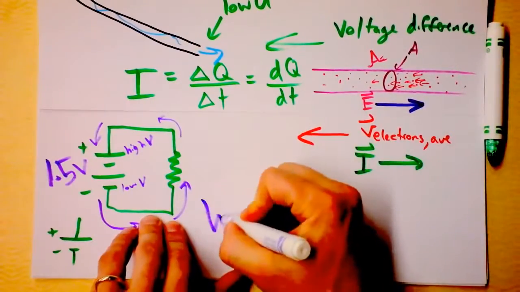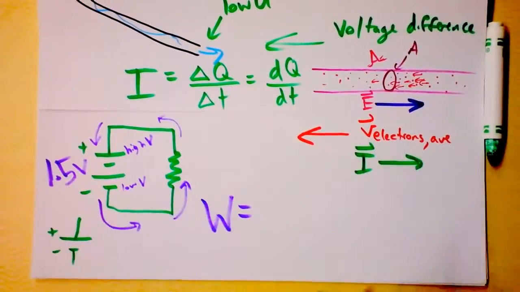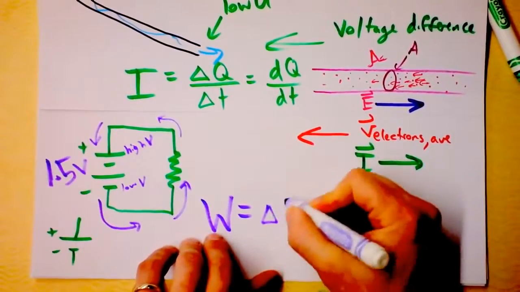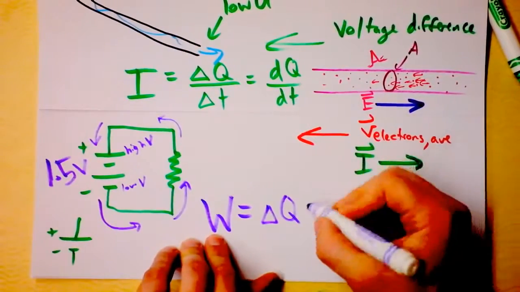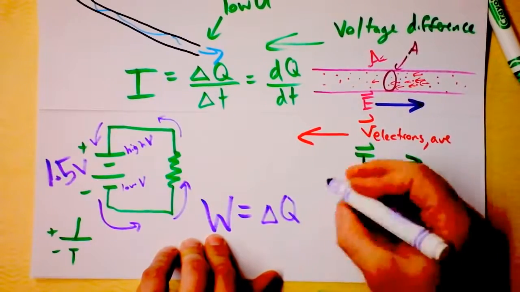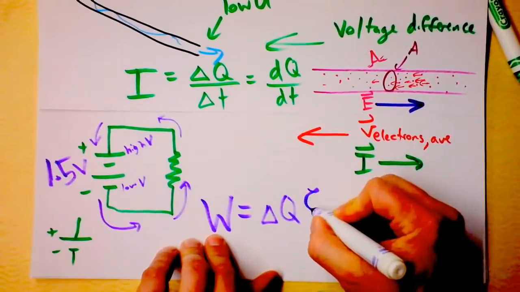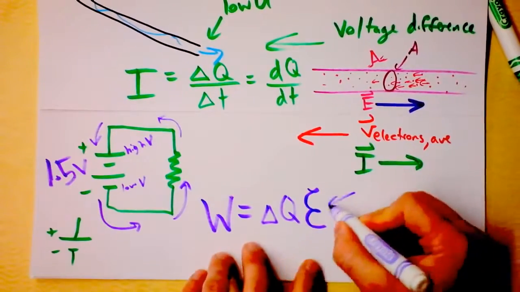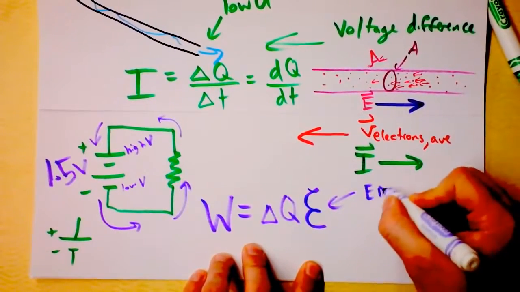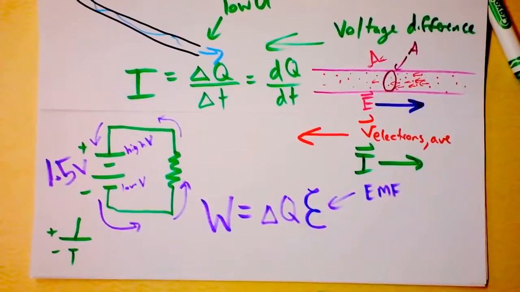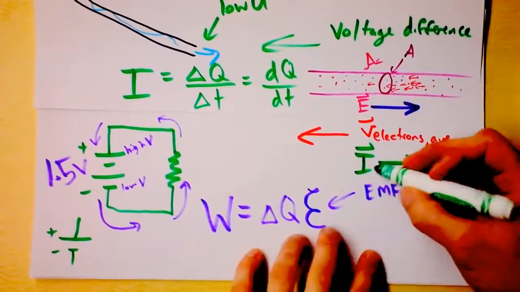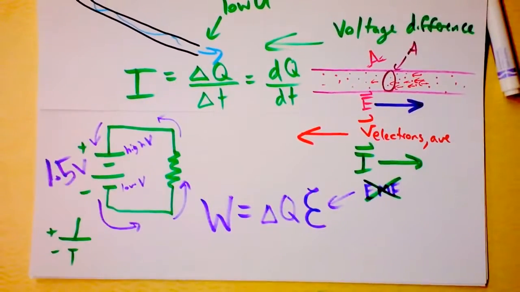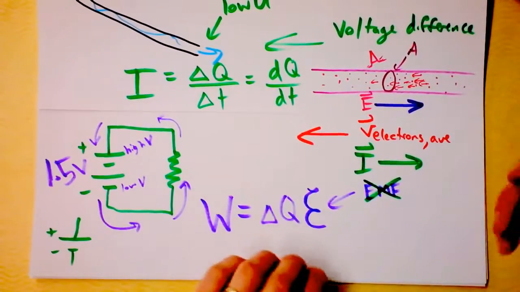It turns out that work in a circuit, or work in a battery, same kind of argument, is just how much charge you've moved times what I'm going to write just one time as the electromotive force. This squiggly little E right here is called EMF, and it is an extremely archaic and stupid name, and you'll see it in a lot of textbooks, and boy, I'd love somebody to try to defend it to me because I hate it.